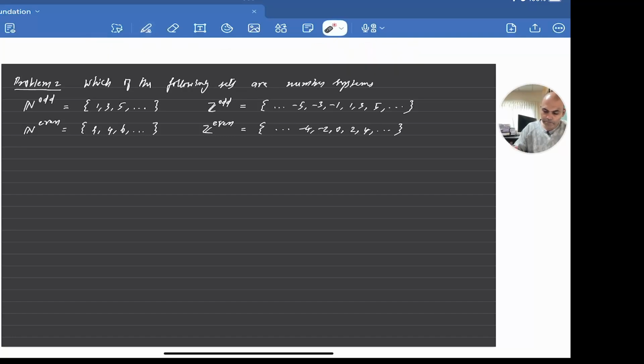So the problem is, we have 4 sets of numbers. Among them, which ones are number systems? By number systems, what we mean is that it's a set of numbers which is closed under addition and multiplication, which means if you take two numbers from this set and if you add them or multiply them, whether the result is in the same set or not.